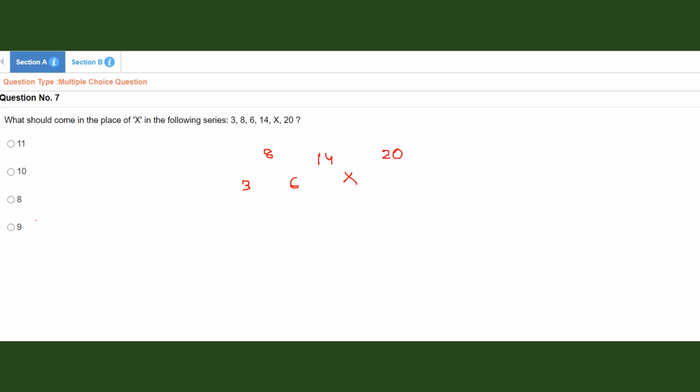Now we see that here is a pattern of plus 6 and plus 6, and here there is a pattern of plus 3, so we will just add plus 3 over here, so the answer will come as 9.